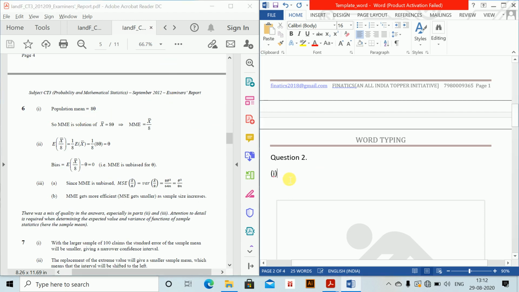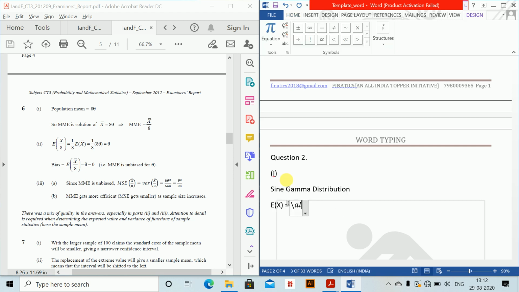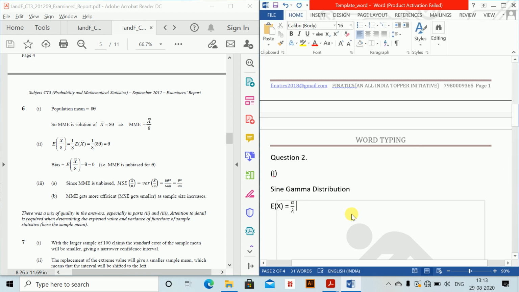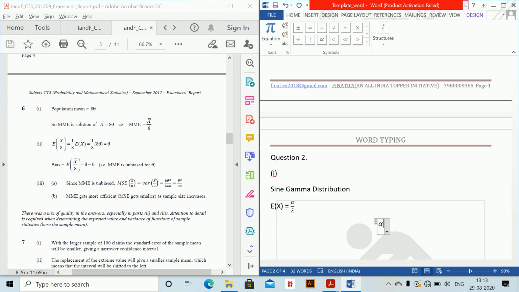First writing, it's a gamma distribution. The expectation of x is equals to alpha by lambda. Given alpha is equals to 8, lambda is equals to 1 by theta.